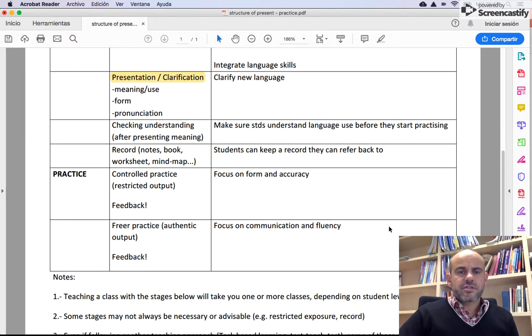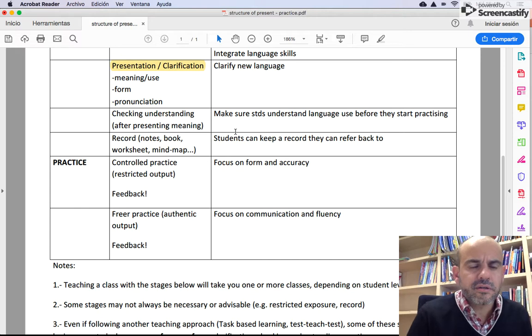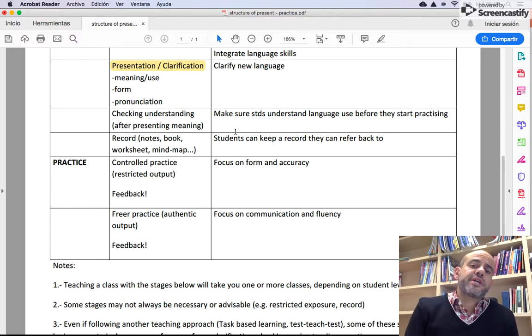Sorry, I missed the previous stage: checking understanding after presentation. We will check understanding of the target lexis or grammar items before students get to practice.